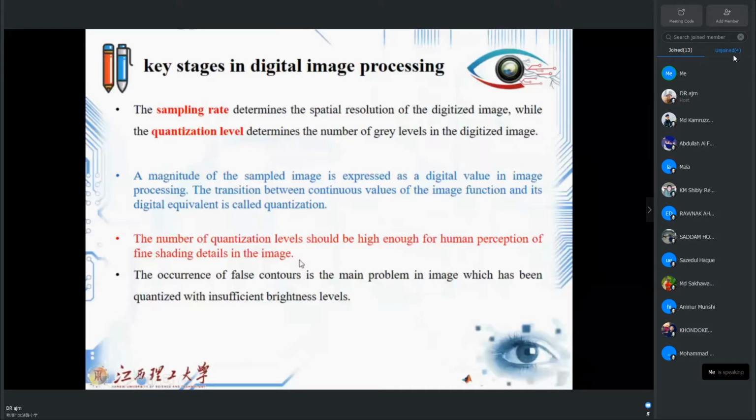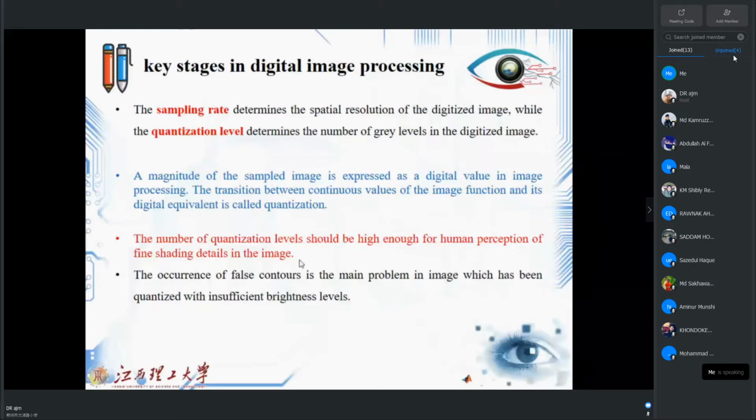One is the sampling rate, which determines the spatial resolution of the digitized image. And the quantization level is another one, which determines the number of gray levels in the digitized image. The magnitude of the sampled image will be expressed as digital values in image processing, and the transition from the continuous values of the image function to their digital equivalents, we call quantization.